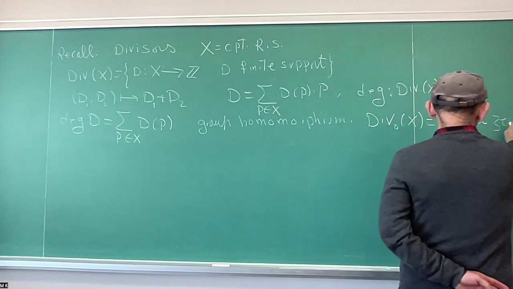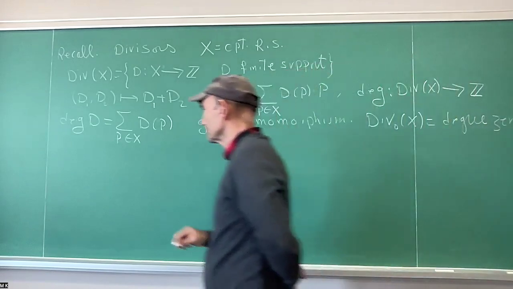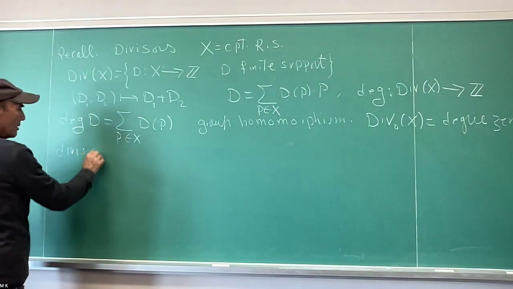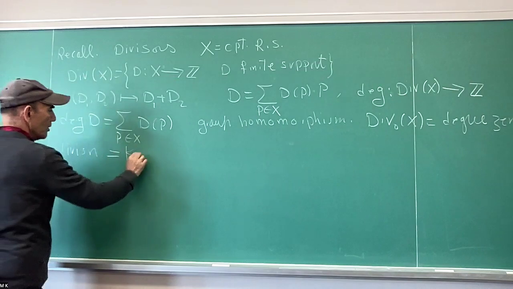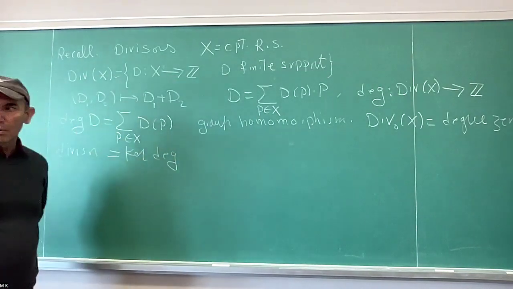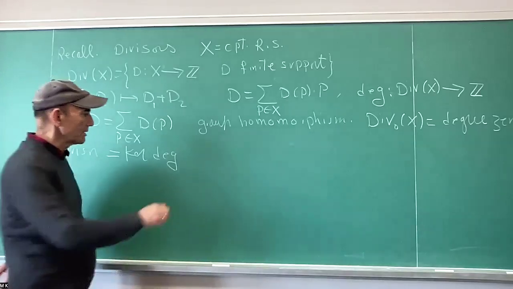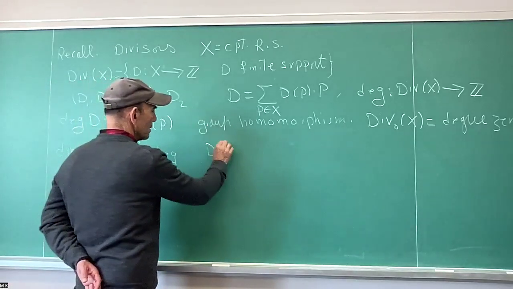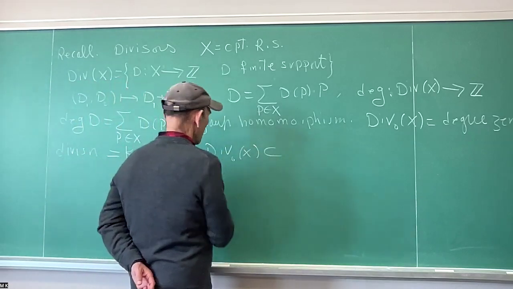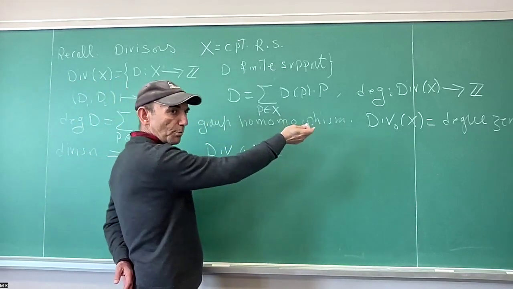This is basically the kernel of the degree map, so it is a subgroup of all divisors. Div^0(X) is an abelian subgroup because it's a kernel of a homomorphism.